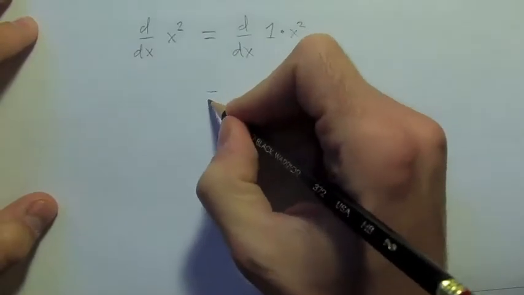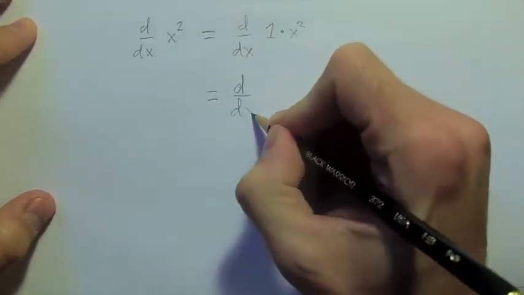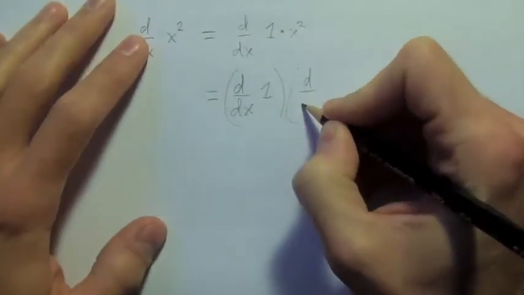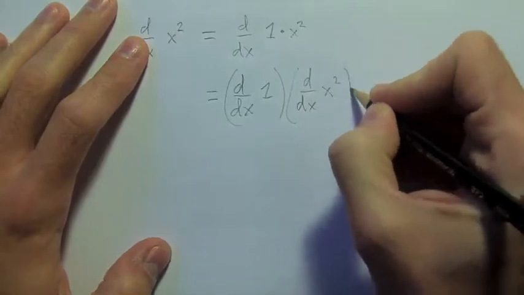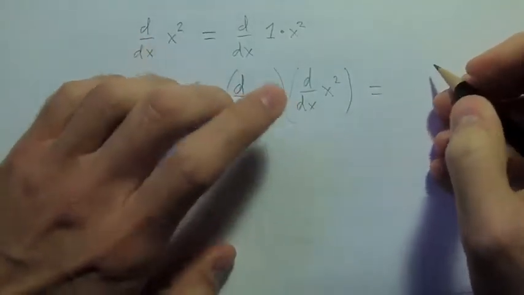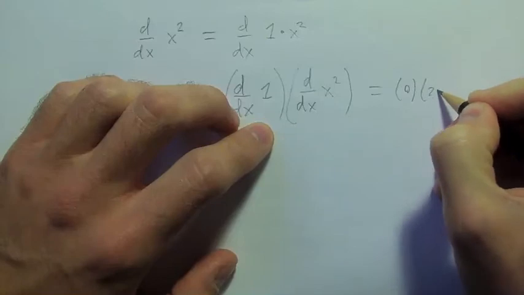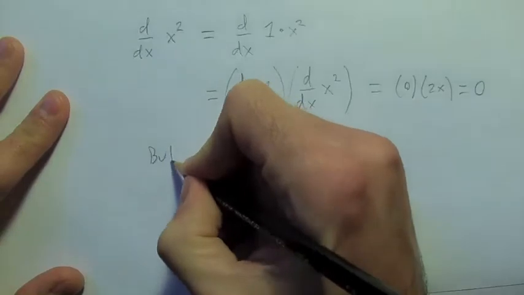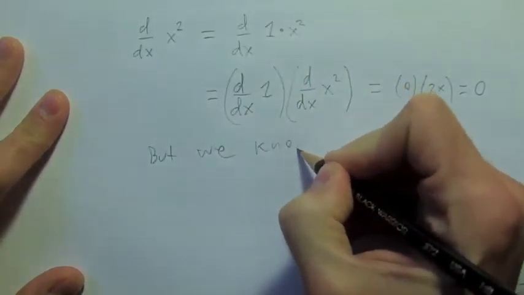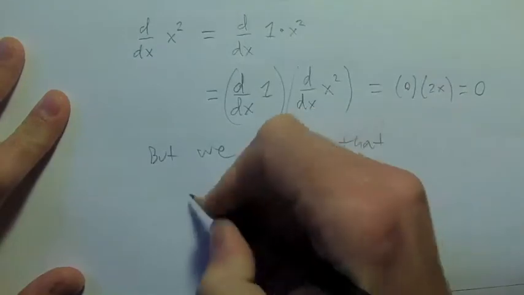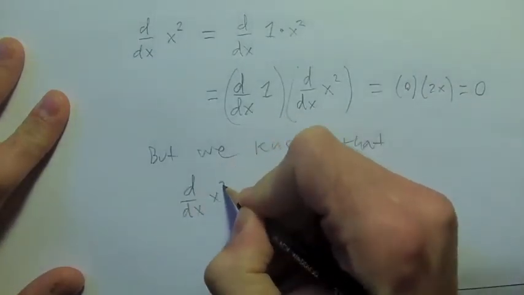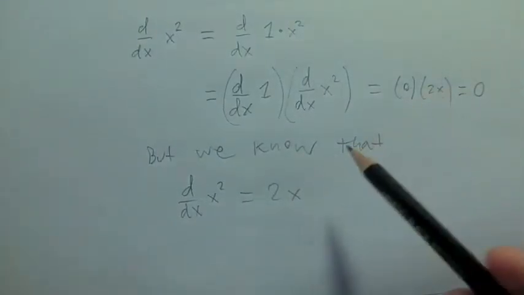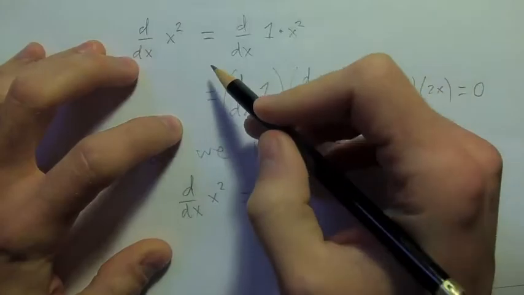And if we use that bogus property that we asked about, if the product rule was just the derivative of 1 times the derivative of x squared, then we would get that the derivative of x squared is 0 times 2x, which is 0. Okay, but we know that the derivative of x squared is actually 2x, right? So we know for a fact that this property can't be true.